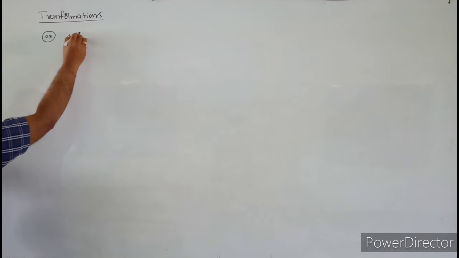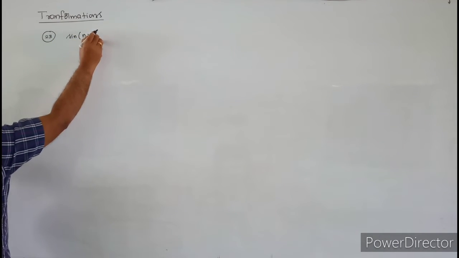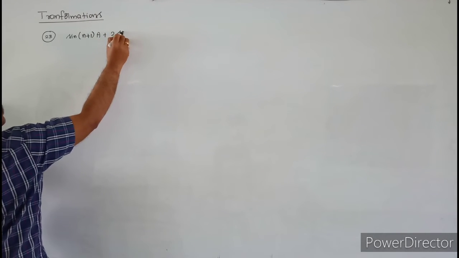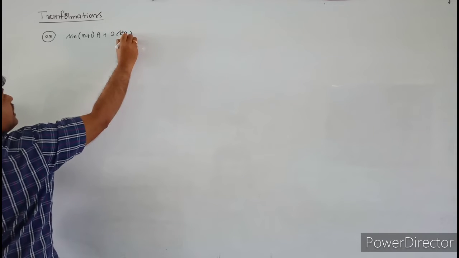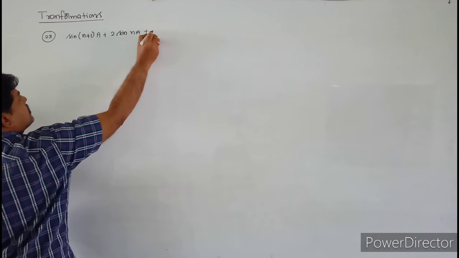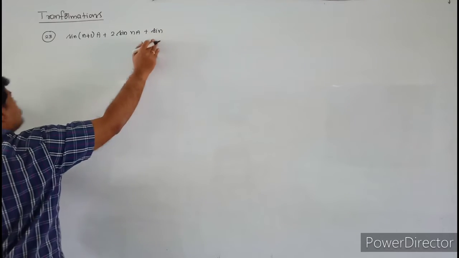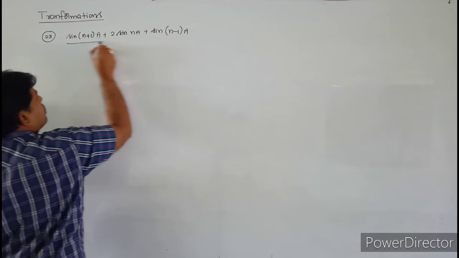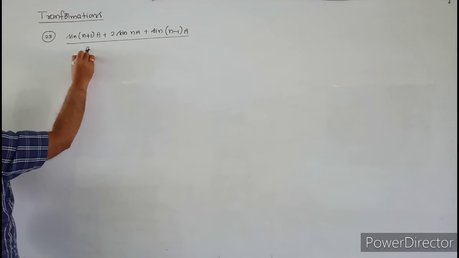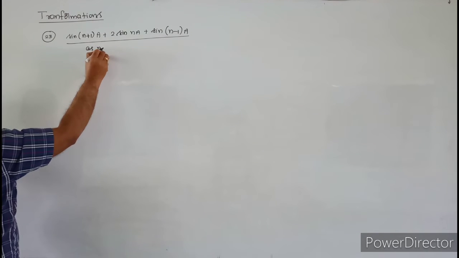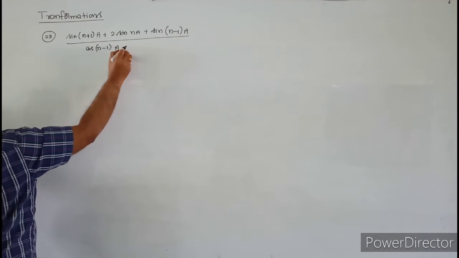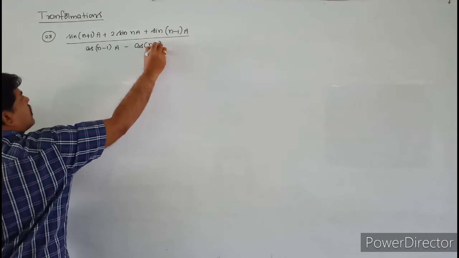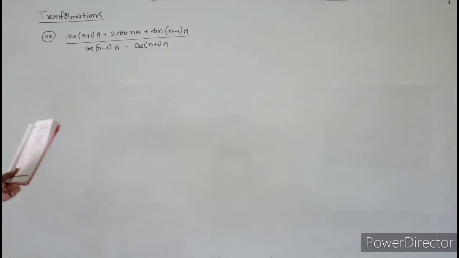Sin of n plus 1 into a plus 2 sin na plus sin of n minus 1 into a, divided by cos of n minus 1 into a minus cos of n plus 1 into a. So this is the value they are asking.